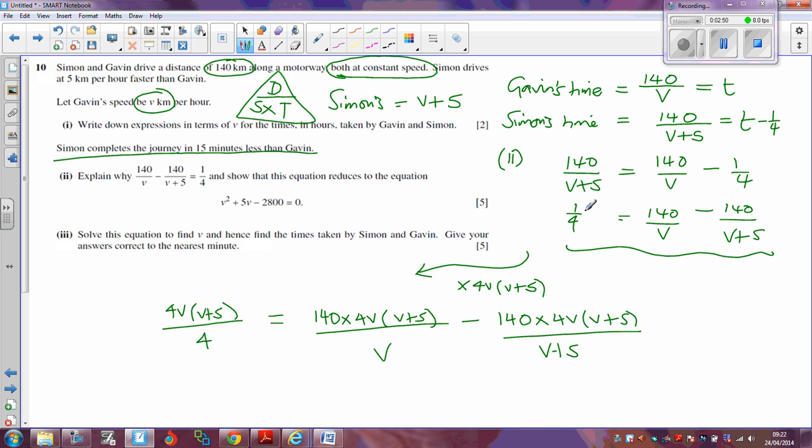All I've done is multiply each term by 4v times v plus 5, and the reason I've done this is because everything cancels. The 4's cancel there, here the v's cancel, and here, sorry that's a plus, the v plus 5's cancel.